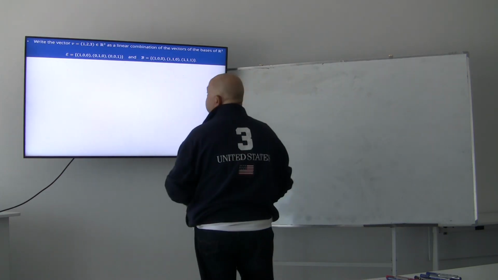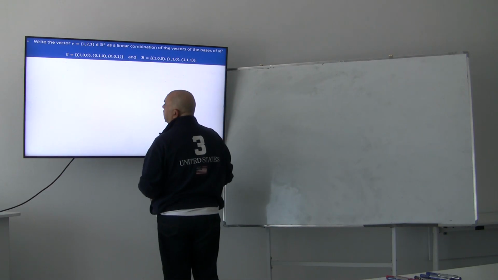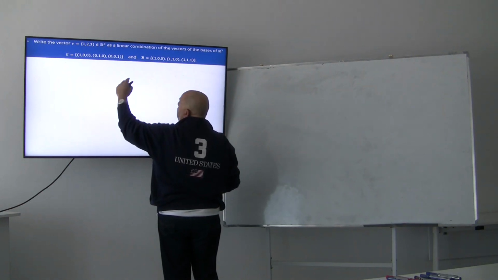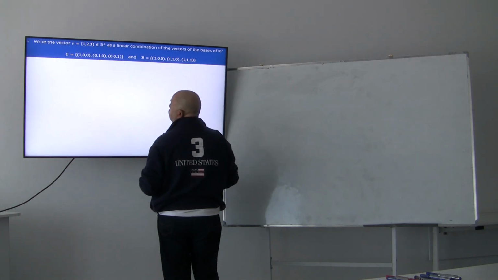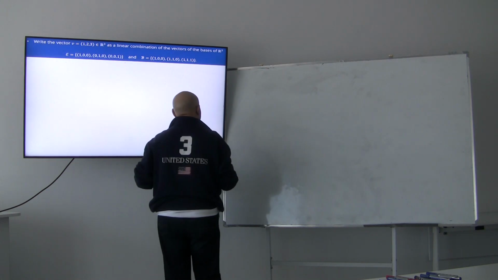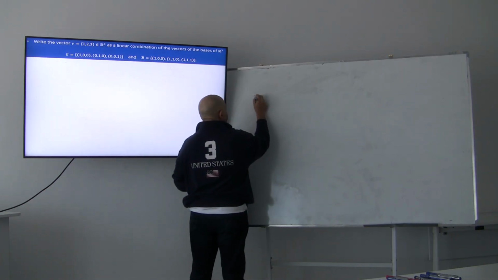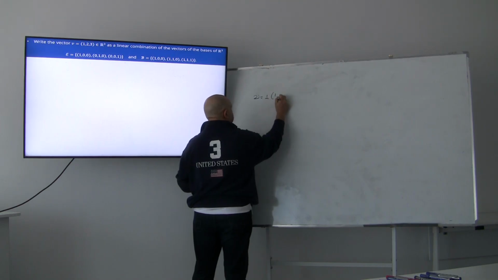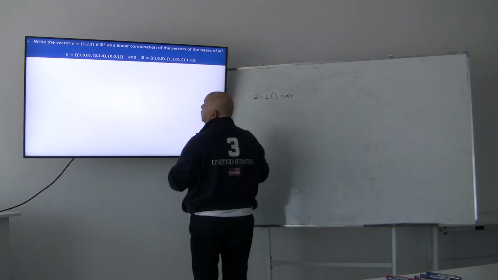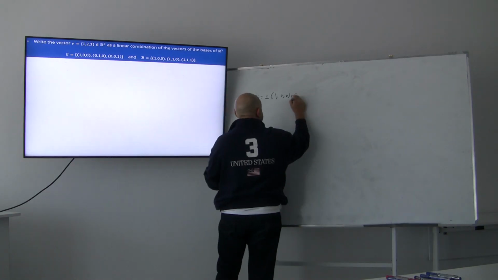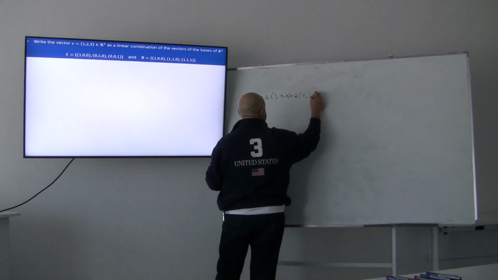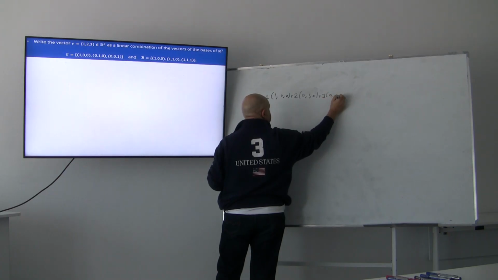So if I want to write 1, 2, 3 as a linear combination from the subvector space, which is 1, 0, 0, 0, 1, 0, 0, 0, 1, all I have to do is say that vector V is simply 1, which is the coordinate, times 1, 0, 0, plus 2, which is the second component of this vector, times 0, 1, 0, then finally plus 3 times 0, 0, 1.